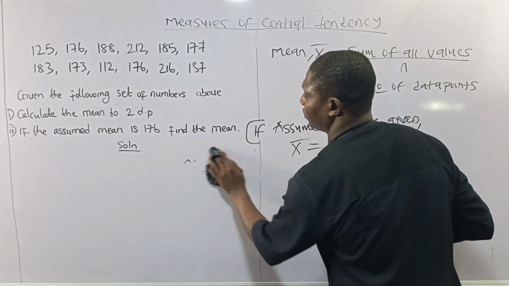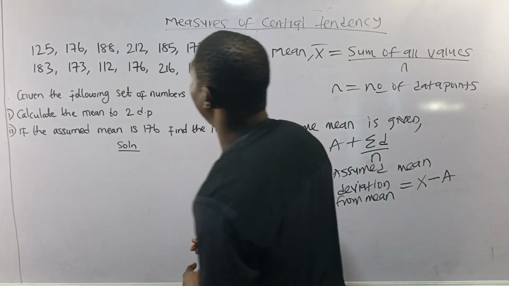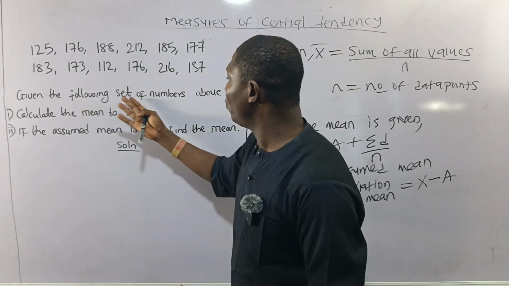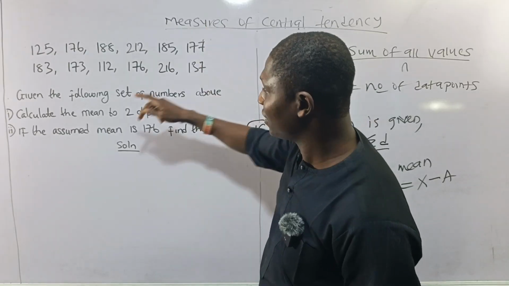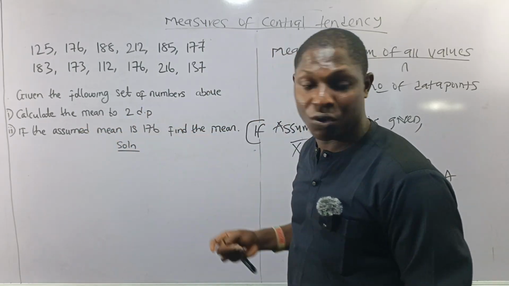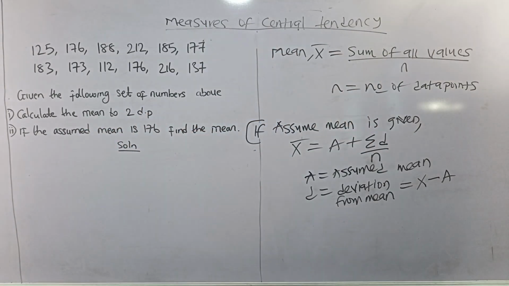So we can use this information to solve this question. So let's start. These are the data as given. They said, given the following set of numbers above, calculate the mean to 2 decimal places.